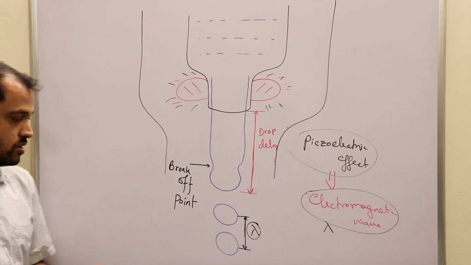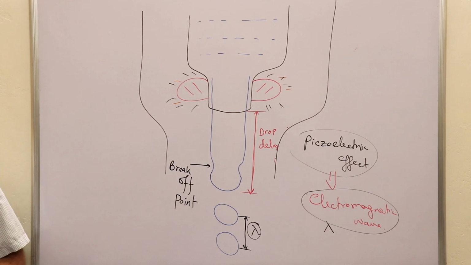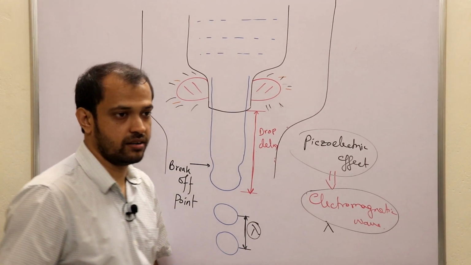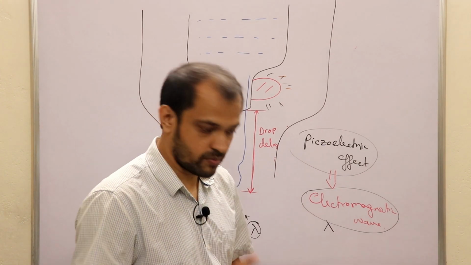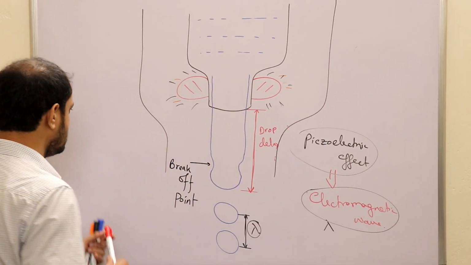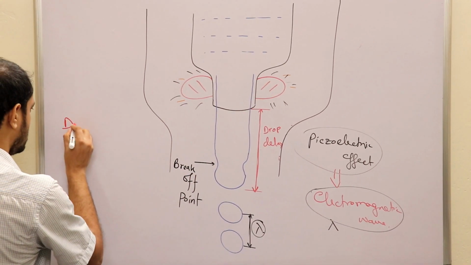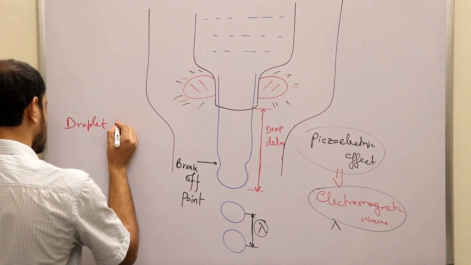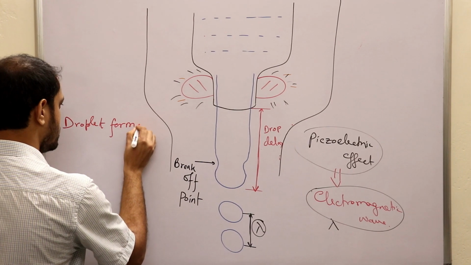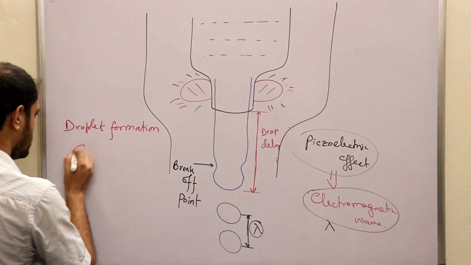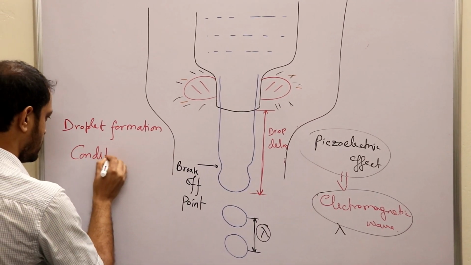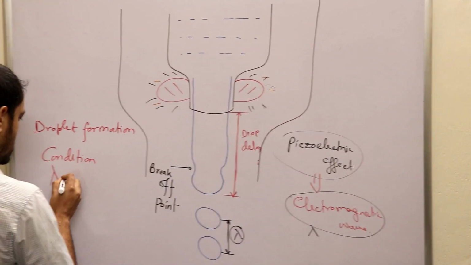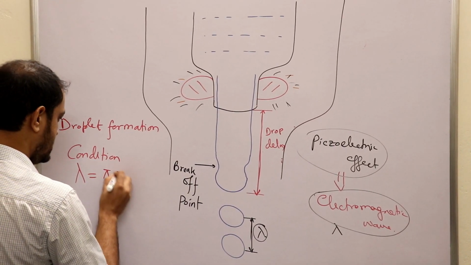Right? Now, the point you need to understand again here is that droplet formation has a single condition. What is that condition? The droplet formation condition is lambda equals pi d.